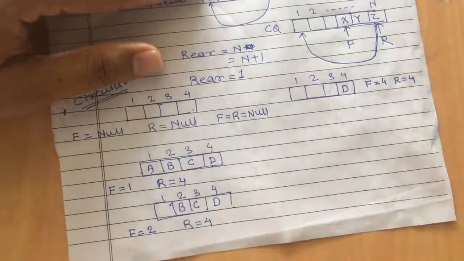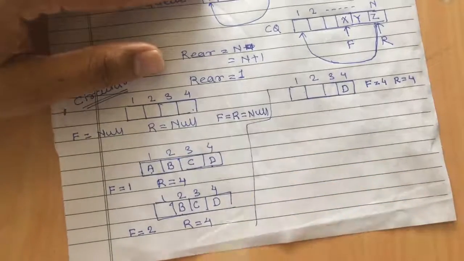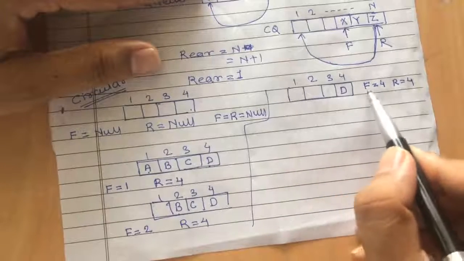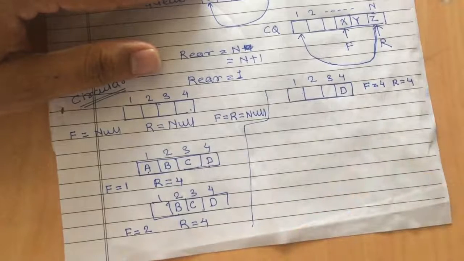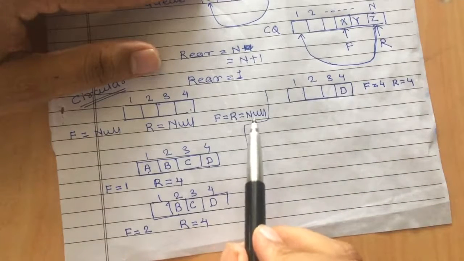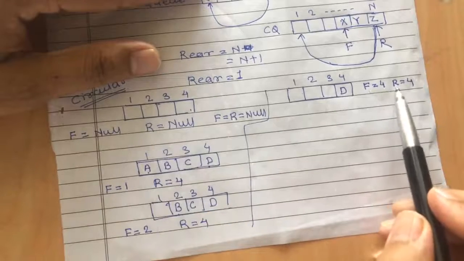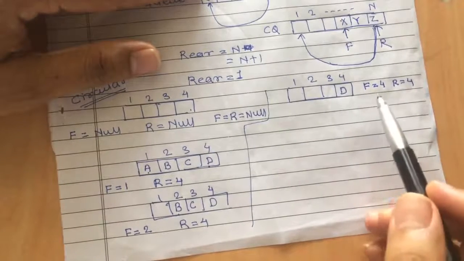Now in this case, front is equal to 4 and rear is equal to 4, which means that only one element is present. So when front is equal to rear is equal to null, the queue is empty, and when front is equal to rear, it means that only one element is present in the queue. I hope you understand till this.